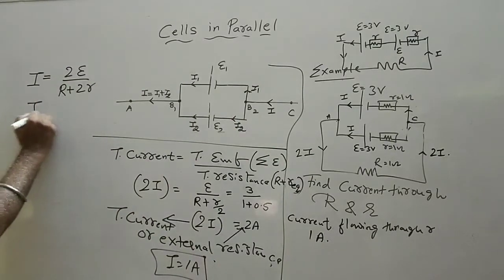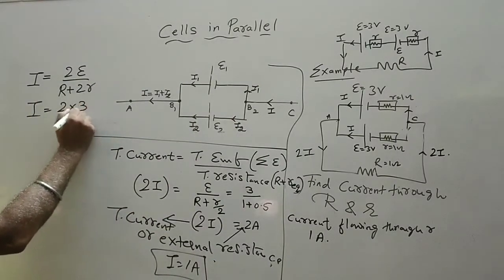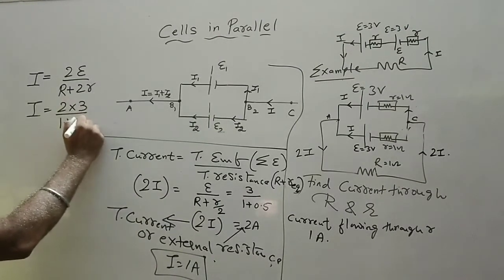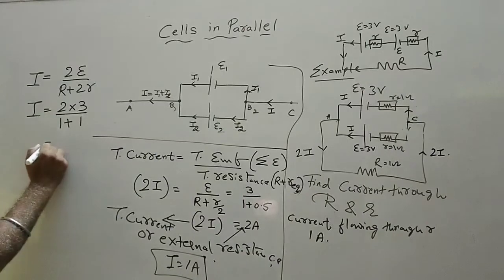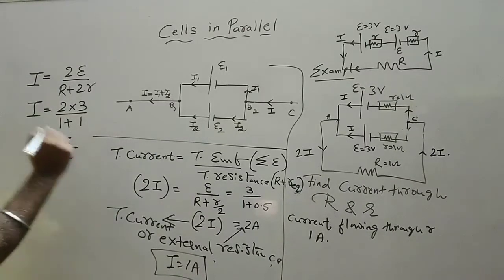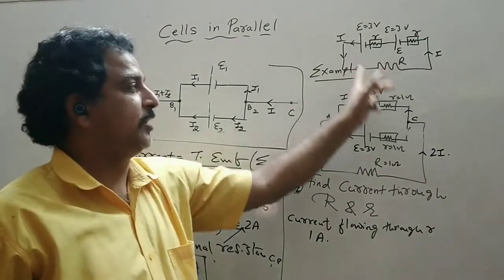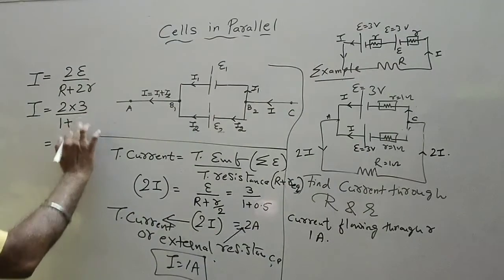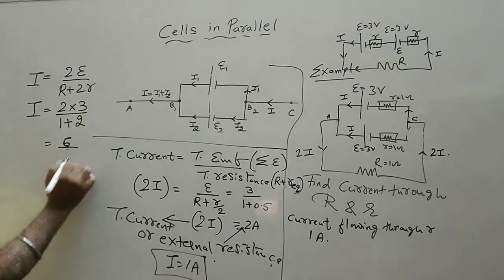Now I is equal to 2 into 3 divided by 1 plus 2r, that is 1. So this is equal to 6 divided by, sorry, this is 2. So the total resistance will be 1 plus 2, that is equal to 3 ohms.